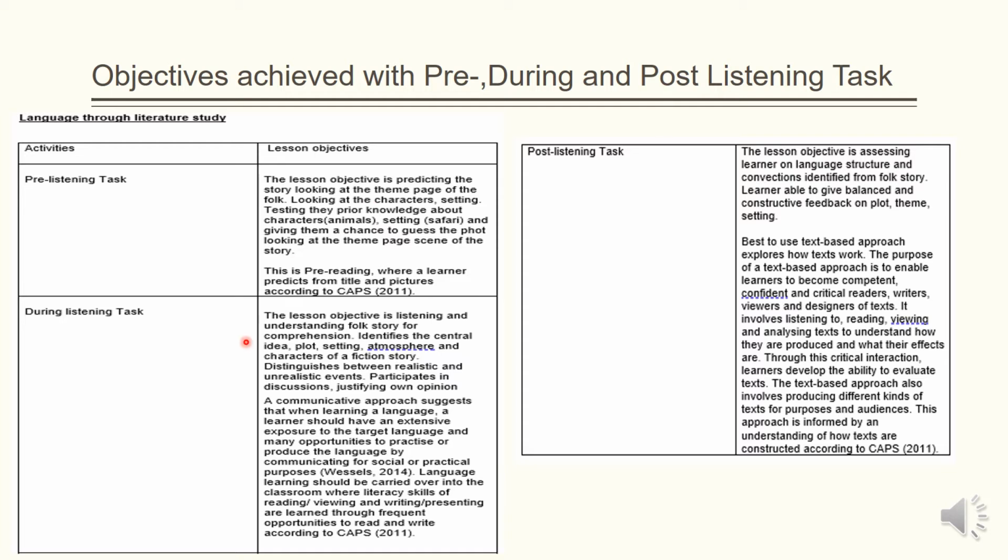So for during, the lesson objective is to listen and understand the story for comprehension, to identify the central idea, the plot, the setting, the atmosphere, the background sounds. That's when role playing comes in as a teaching strategy. Role play comes in because now you're giving the child's imagination a setup.